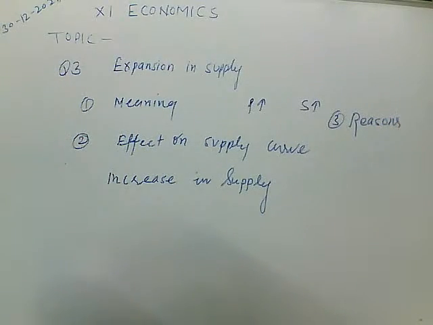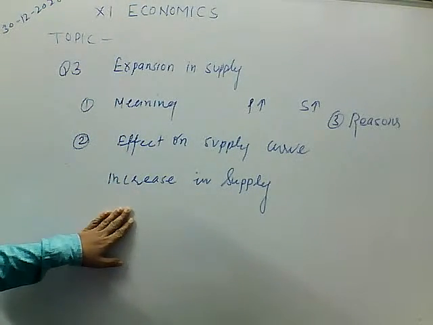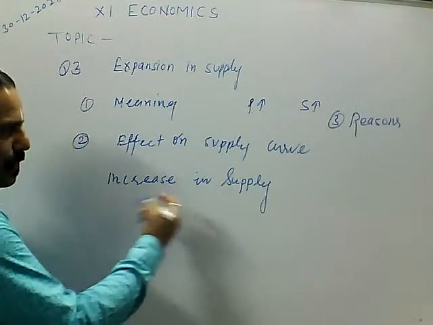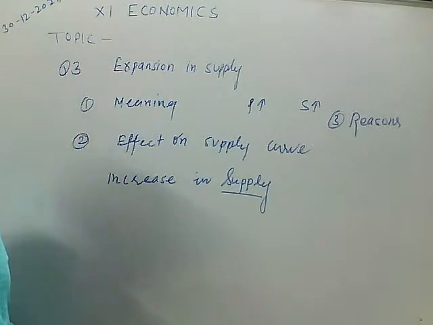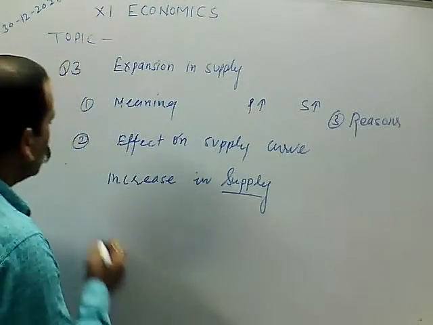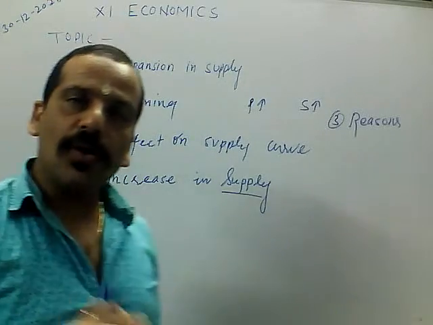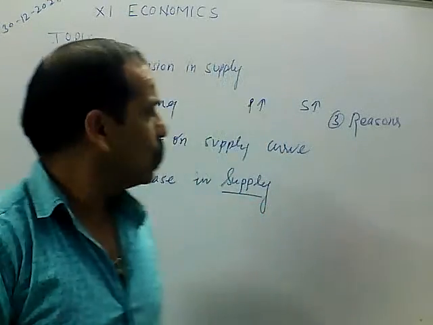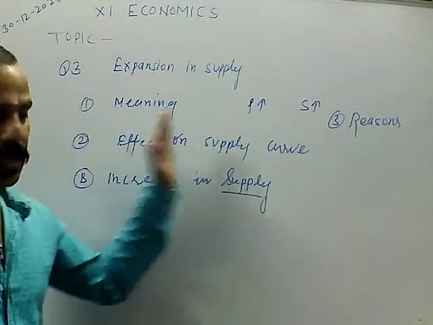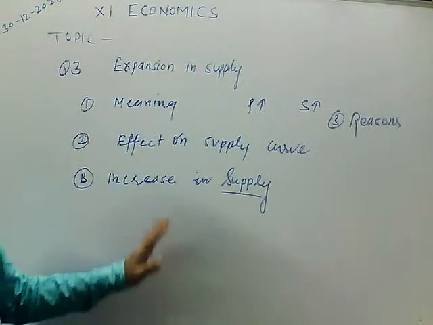Here, increase in the supply refers to a rise in the supply due to other things, whereas the own price of the commodity remains constant. So again, meaning and effect on the supply curve: the supply curve shifts to the right hand side. Got it? And the own price of the commodity remains constant.